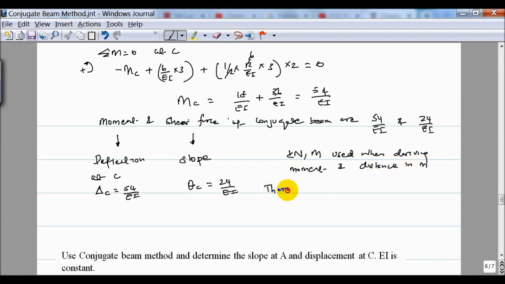Therefore, your E and I values must be substituted in kilonewton and meter. So that is very important, because otherwise you'll get a wrong answer.